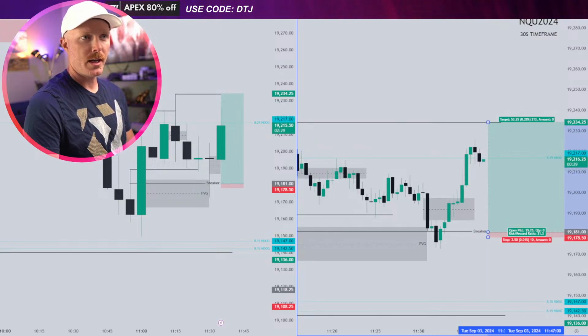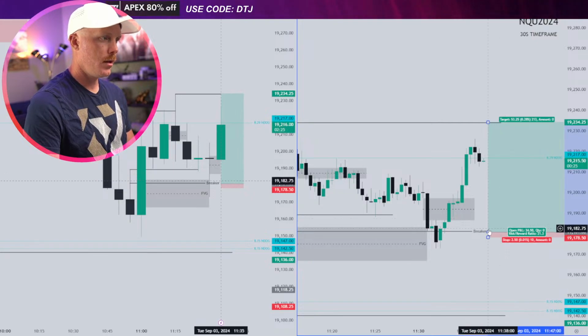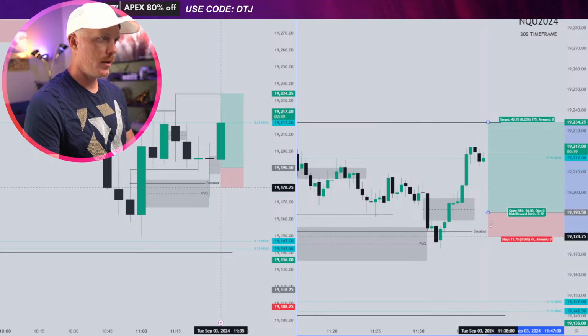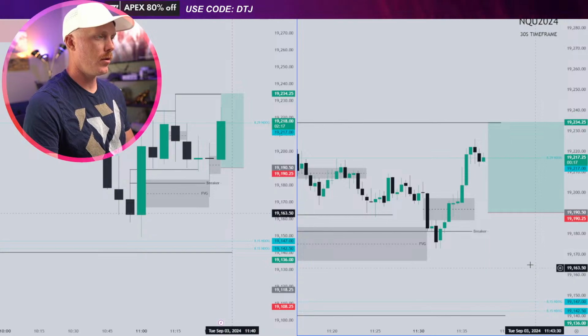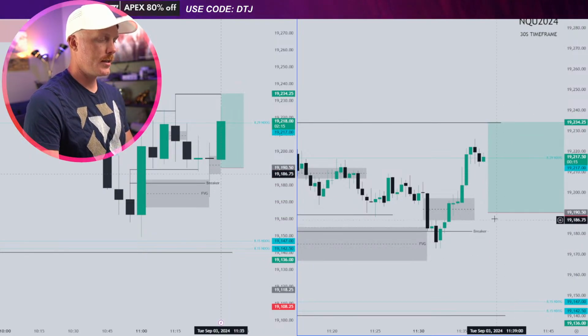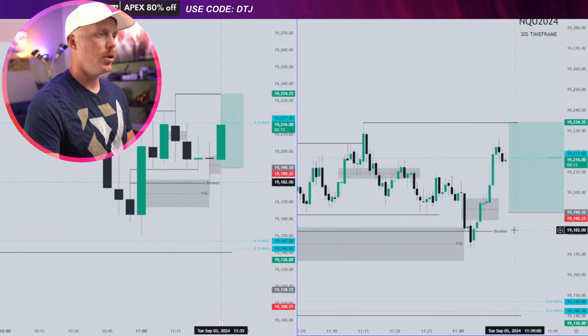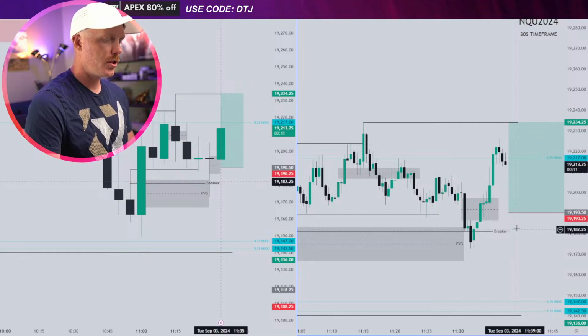My entry that I got in long at was 91.50. Right there, that was my long. That's my position right now. So I'm going to stay on this chart so you guys can see what I'm actually looking at. My executions are in another chart.